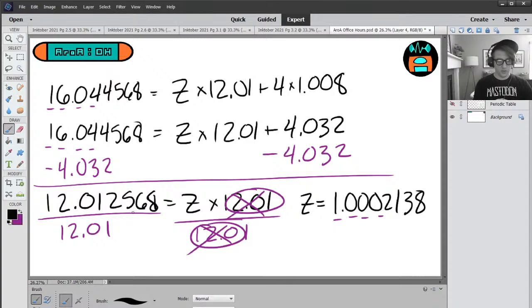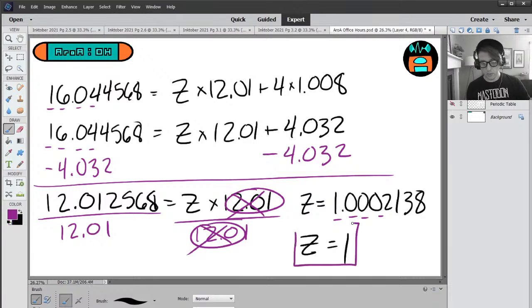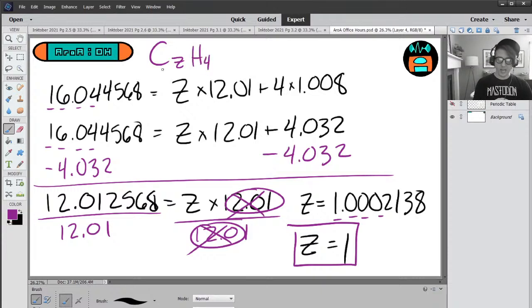This just comes out to z equals 1. And actually, this is one where you don't need to put decimals because in the original problem, you'll remember we're trying to find the chemical formula for CzH4. And your subscripts in chemical formulas never have decimals. They're always integer values. So z equals 1 for that problem.